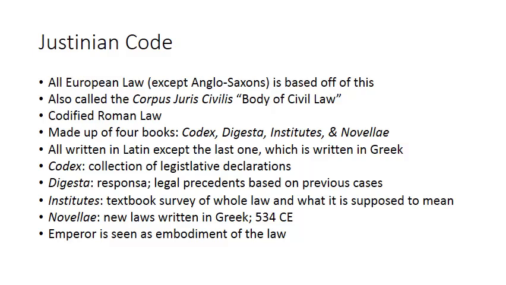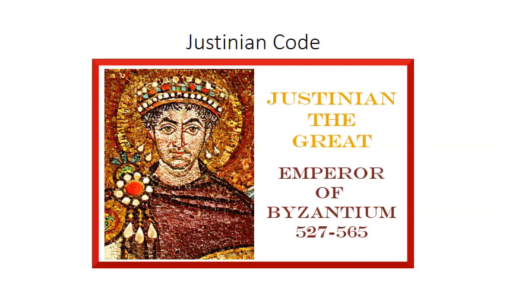And almost all European law is still based off of this today. And we got it back from the Byzantines during the Middle Ages, etc. Except for England. They're a little bit different. And we'll talk about Justinian as well.